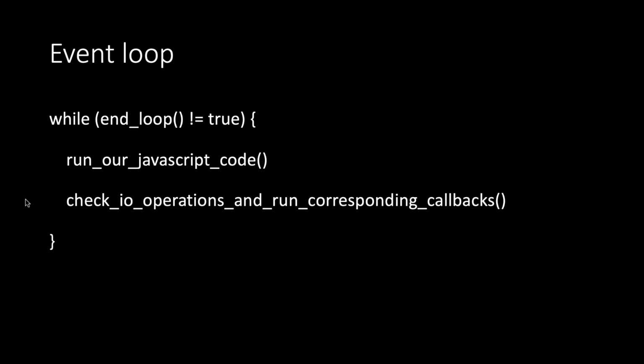And then the next iteration of the loop starts. Again, Node.js runs our code if there is still something to run, and then checks for pending input-output operations. Once there is nothing more to process, and there are no pending input-output operations left, the loop ends and the program exits. This was a simplified explanation of the mechanics behind the event loop.